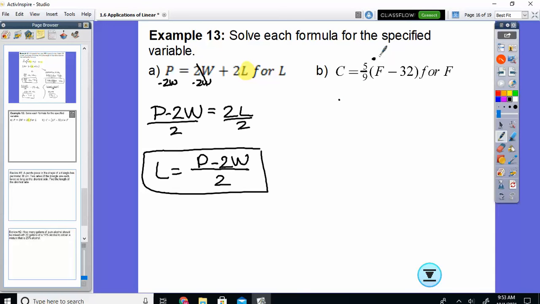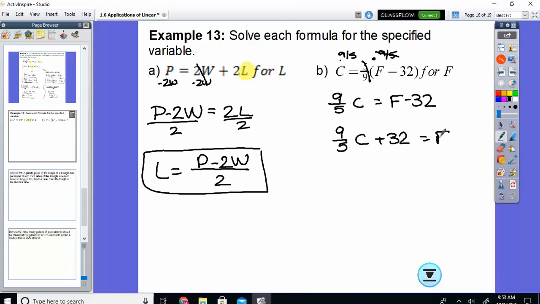Okay, so we're going to take each side times 9/5. So then those cancel. Then what would you do to get F by itself? And you're done.